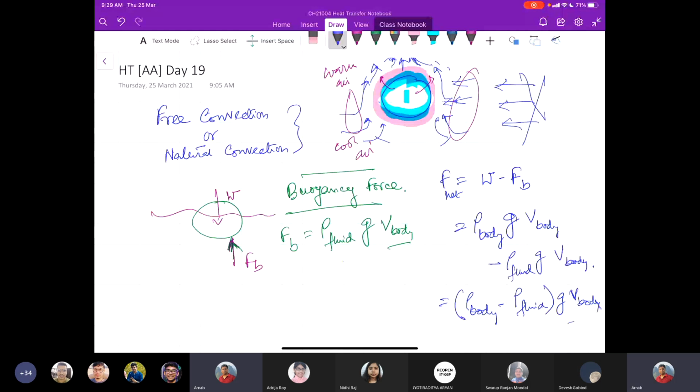So that means the net force is basically proportional to the difference in densities of the fluid and the body that is immersed in it.